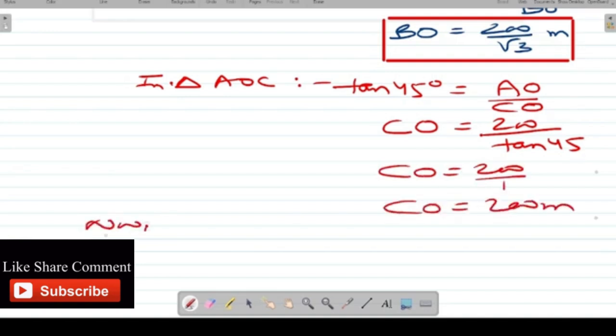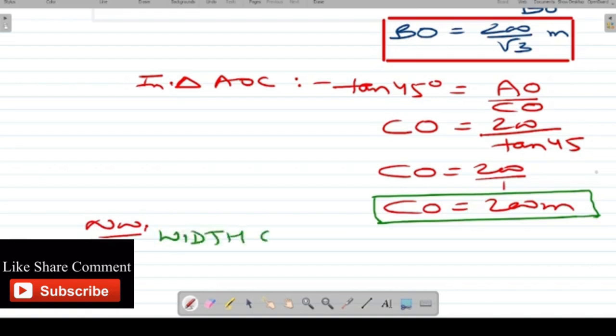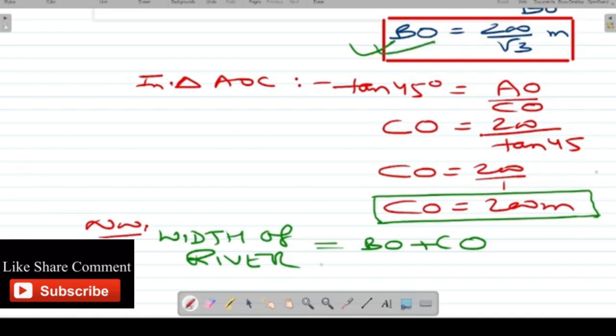Now from this we will calculate the width of the river, that is BO plus CO. Width of river equals BO plus CO, and here BO is equal to 200 by root 3 meter plus CO, which is equal to 200.